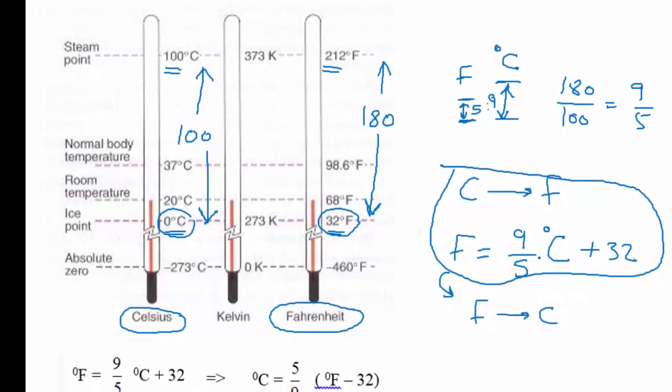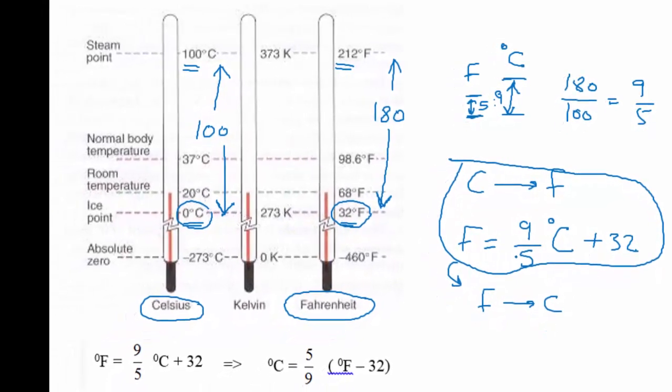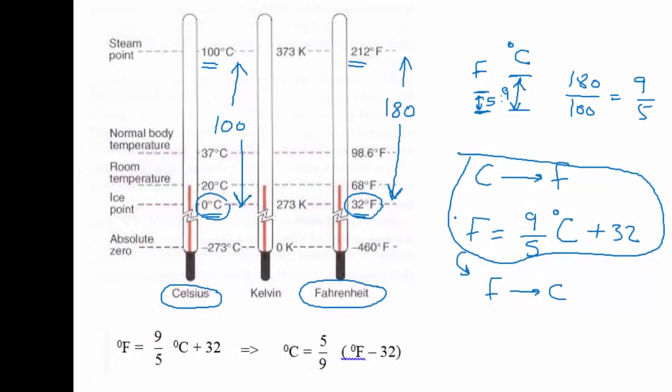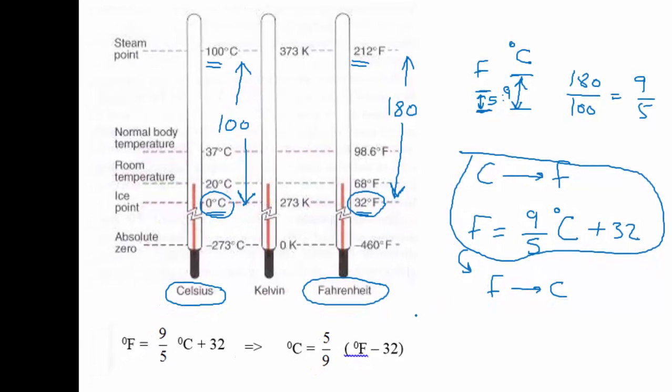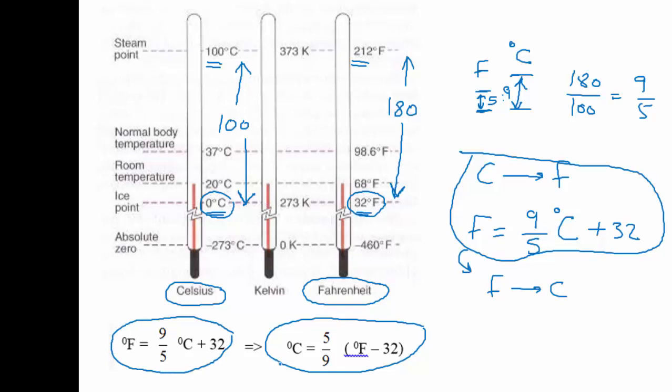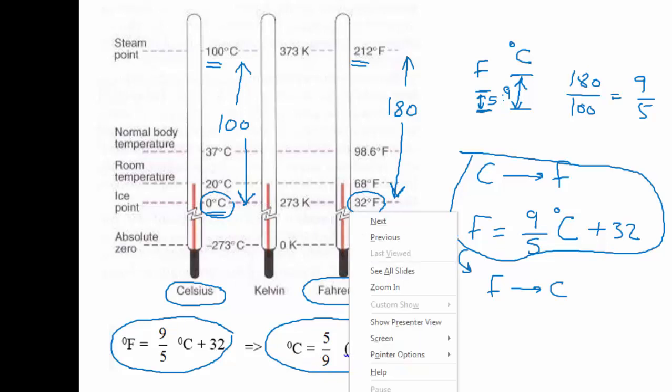So you have to subtract 32 from both sides of the equation, then multiply 5 over 9 by both sides of the equation, and this will give us this equation here for converting Fahrenheit to Celsius. So we have the equation of converting Celsius to Fahrenheit, and then we have the equation of converting Fahrenheit to Celsius.